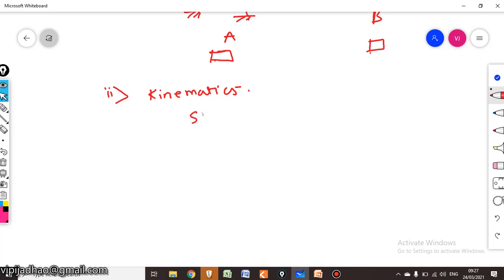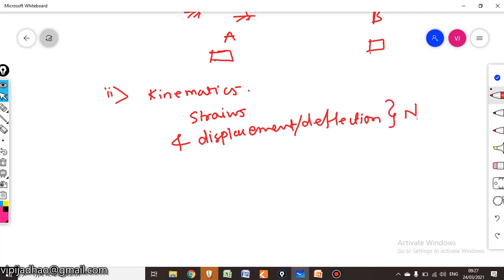So strain and displacement or deflection should be negligible as compared with the other dimensions of your structure.